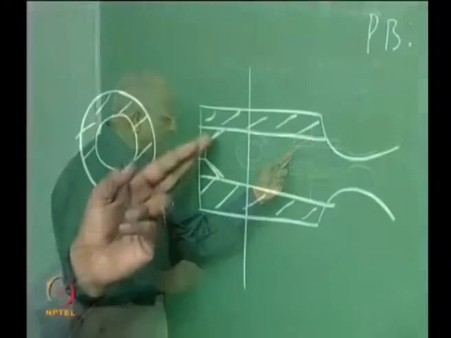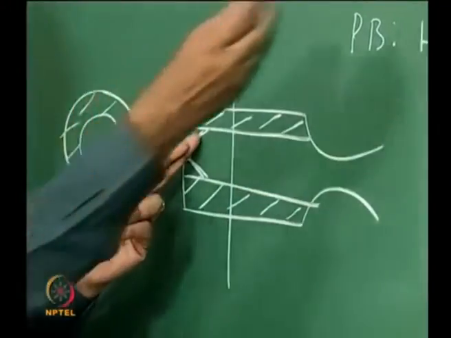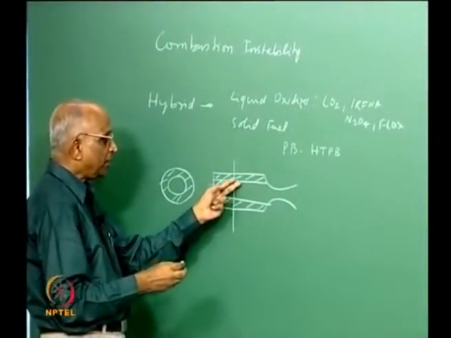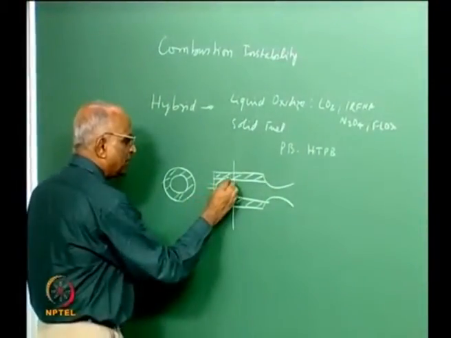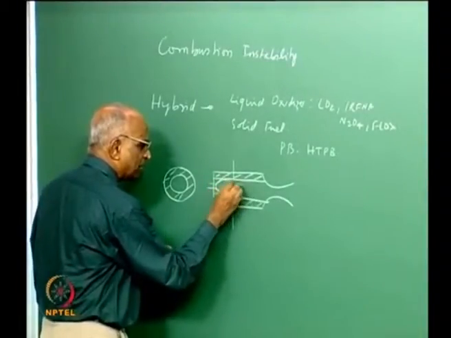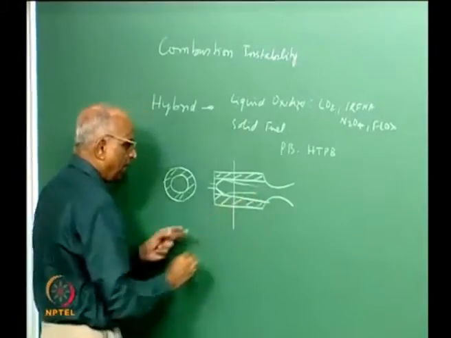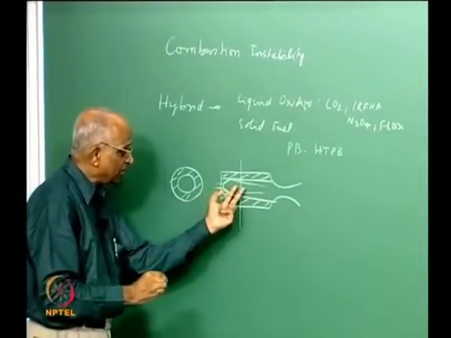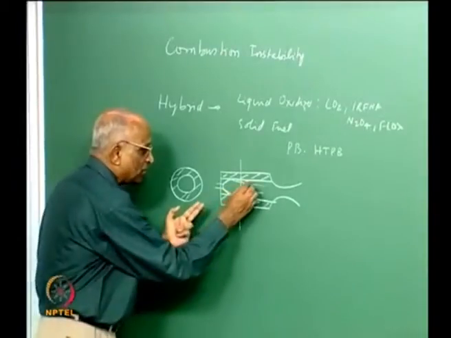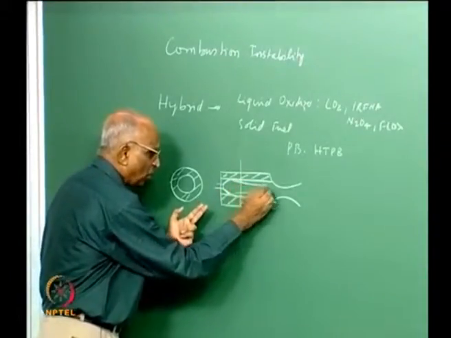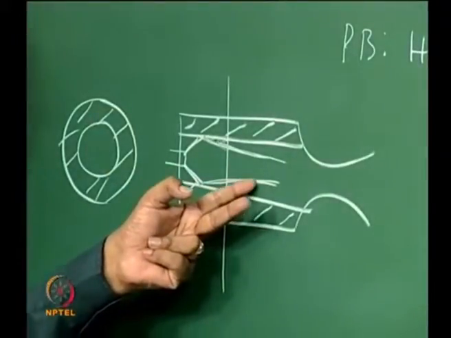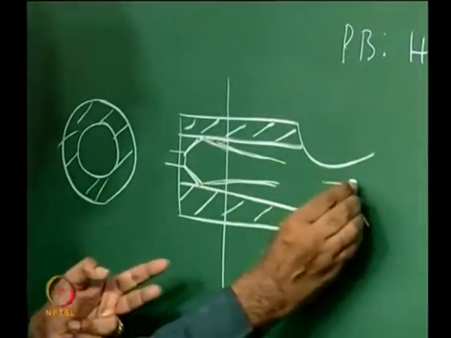In case the liquid, like IRFNA, is hypergolic with respect to the fuel, it begins to react at the surface, and vapor is evolved. Here it is oxidizer rich, here it is the fuel vapor coming out, and therefore you have a stoichiometric mixture between the oxidizer and the fuel vapor. It burns and then you get the thrust.